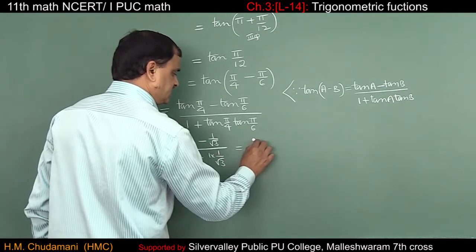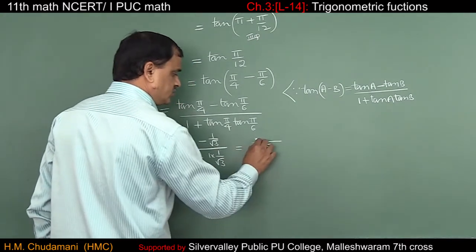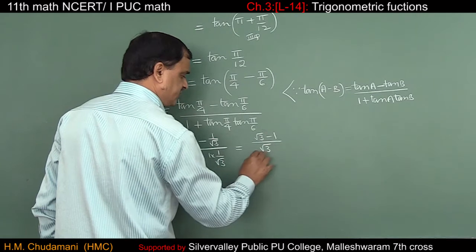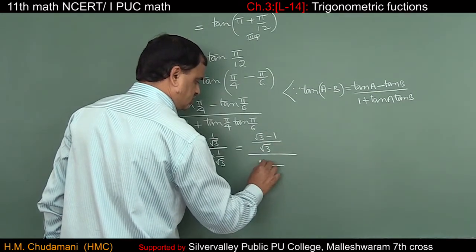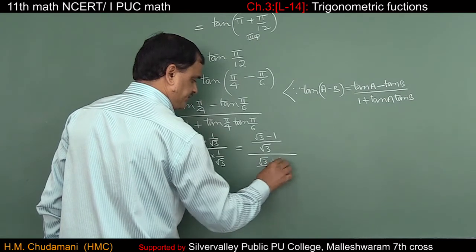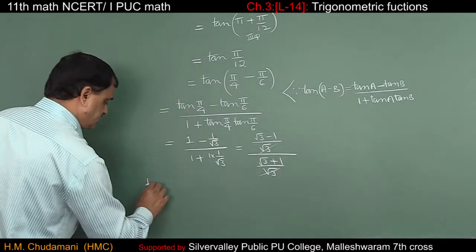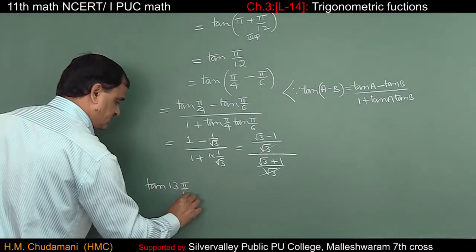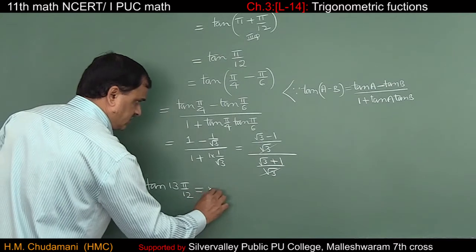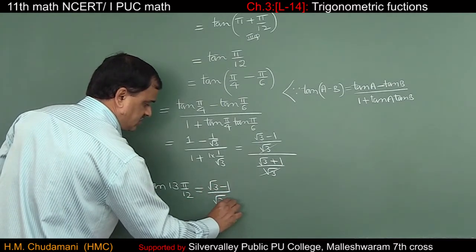Now take the LCM, root 3. Root 3 minus 1 divided by, here also, root 3 plus 1. This gets cancelled. So tan 13 pi by 12 is root 3 minus 1 divided by root 3 plus 1.